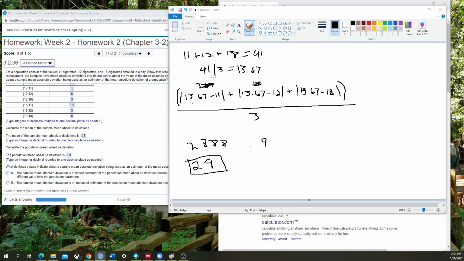Yeah, so this is correct. Okay, I wasn't totally off. I just want to make sure I'm double checking my work before I publish something that's totally wrong. So 2.67, 1.67, and then the absolute value of 13.67 minus 18.